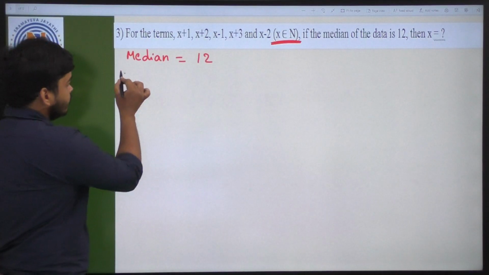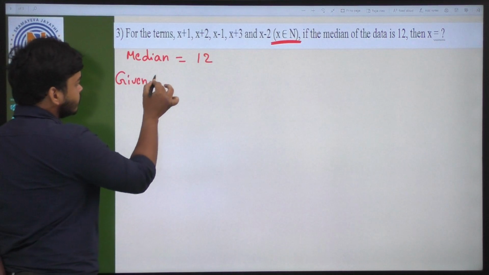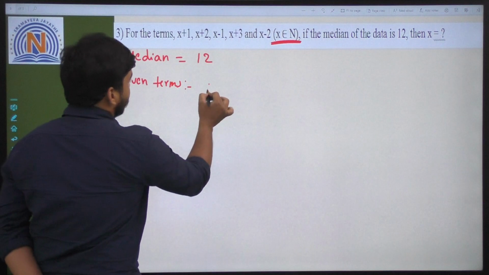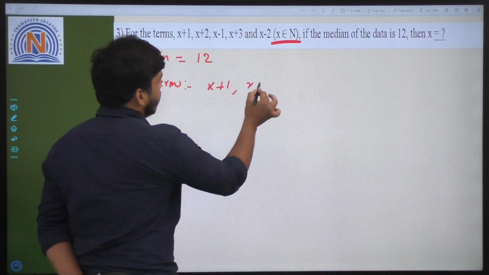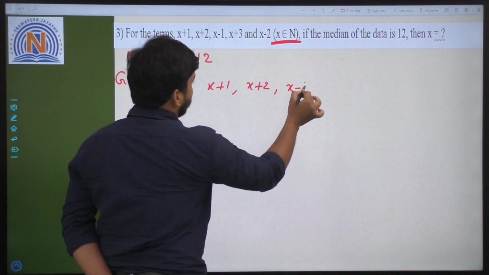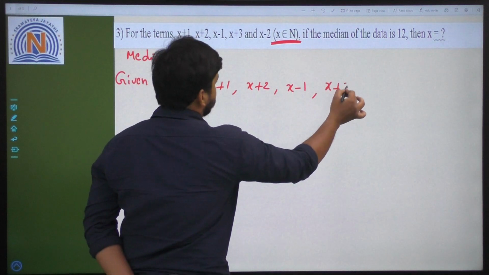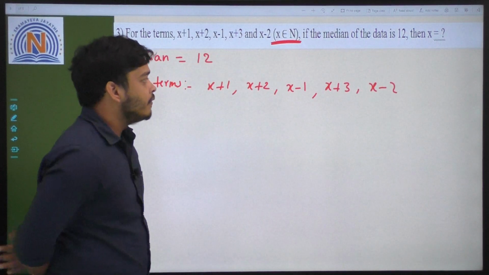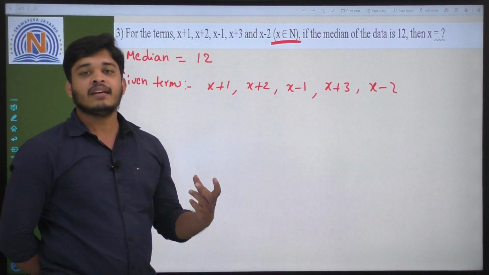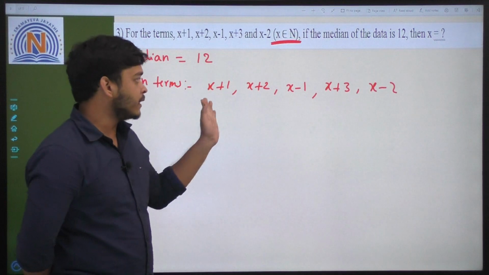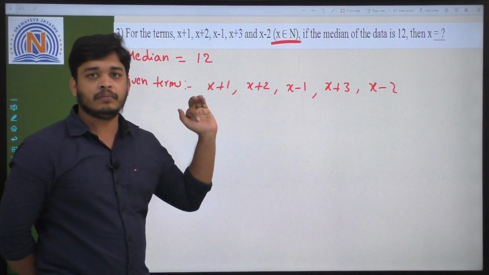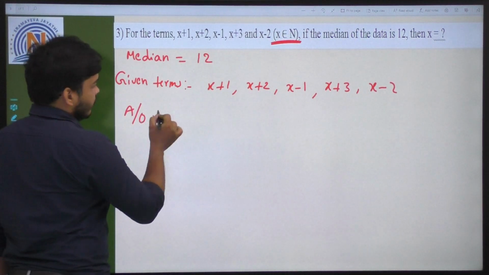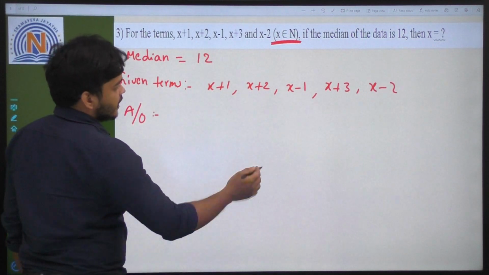What are the given terms? x plus 1, x plus 2, x minus 1, x plus 3 and x minus 2. How many are there? Number of observations, 5 observations are there. If x is a natural number, now I am writing these terms in ascending order.